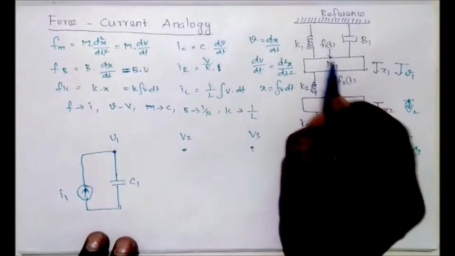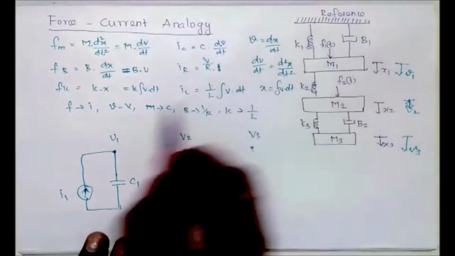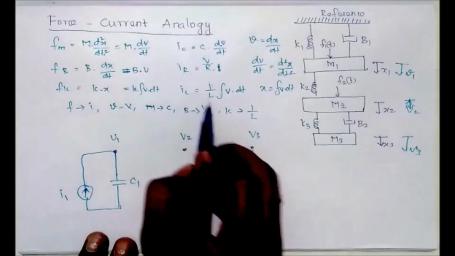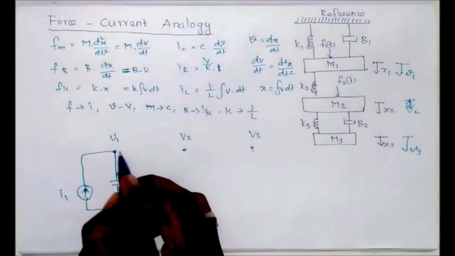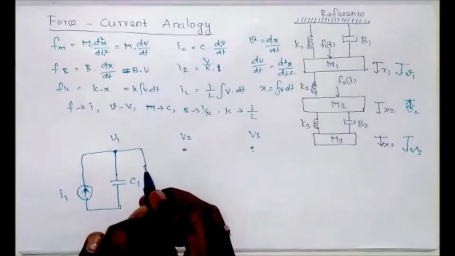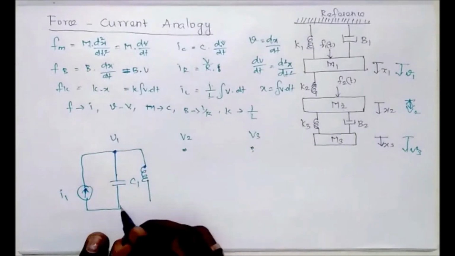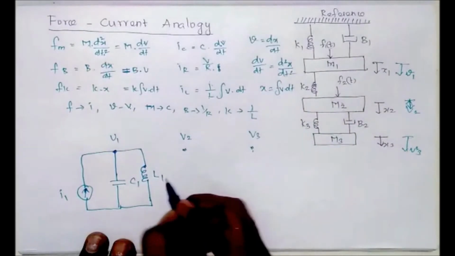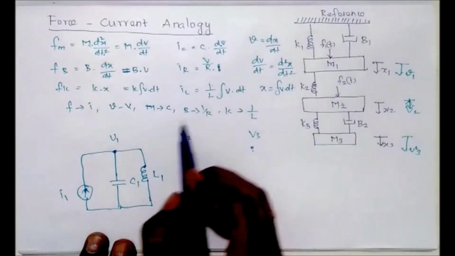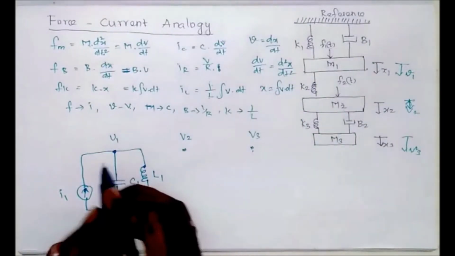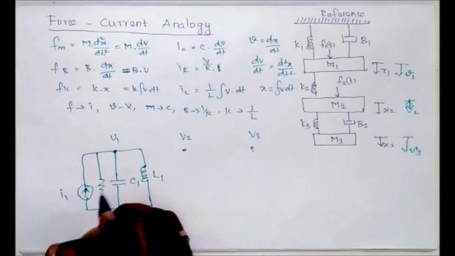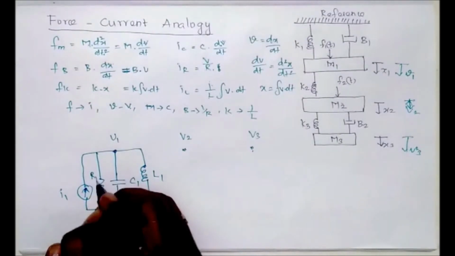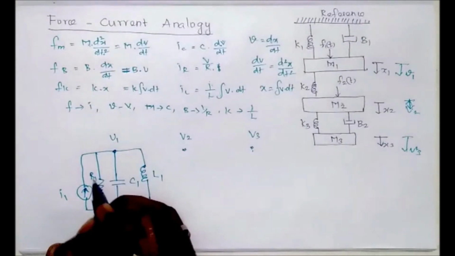Now K1 is also connected, K1 equivalent value is 1 by L. It means here we use inductor L instead of 1 by L. So here K1, therefore L1. Another element is B1, its equivalent is R. Therefore here we can use R1, instead of 1 by R we use R.